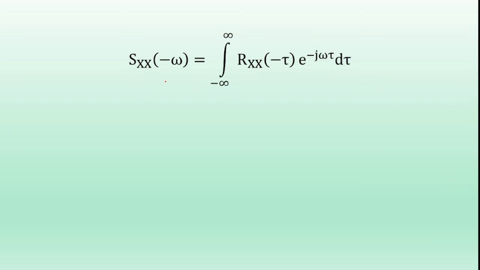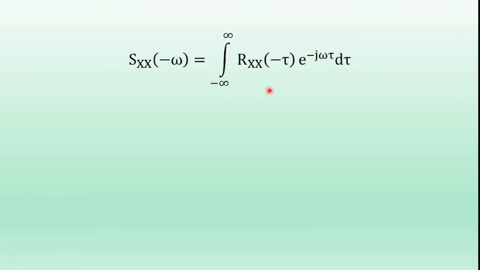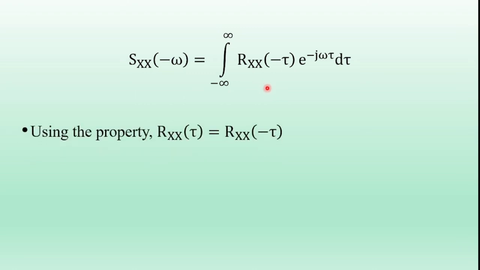So that is, Sxx of minus omega is equal to integral minus infinity to infinity Rxx of minus tau e power minus j omega tau d tau. We know that one of the properties of the autocorrelation function of the random process is Rxx of minus tau is equal to Rxx of tau.